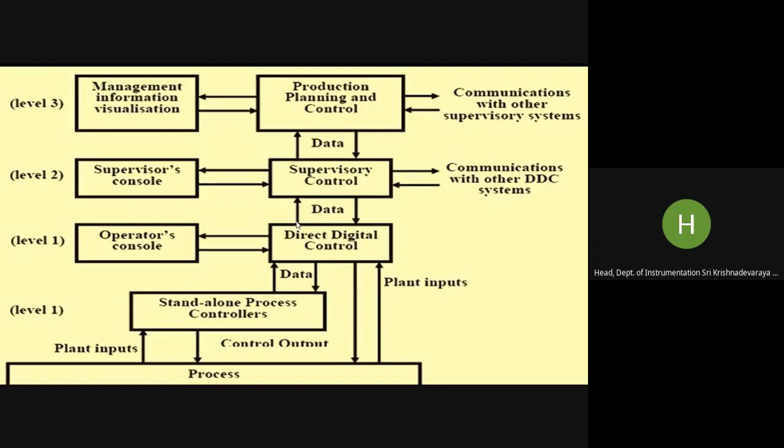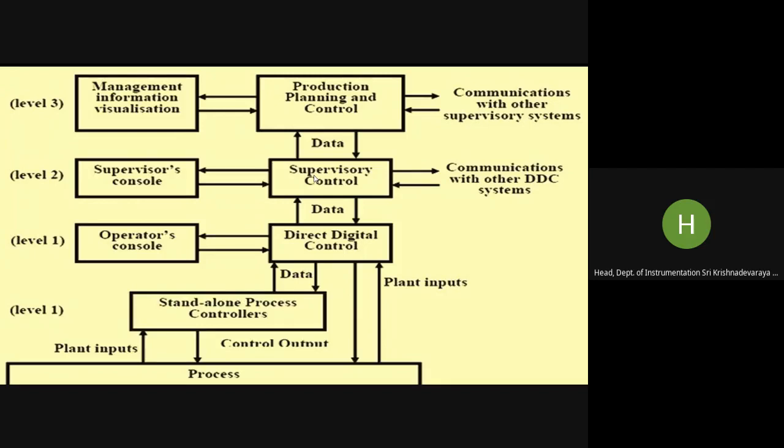Depending on the logic, if the input data of so many unit operations is this, what should be the output that is given to the direct digital controller, and that is the data coming back. So here again you will have a supervisory controller and supervisory console.